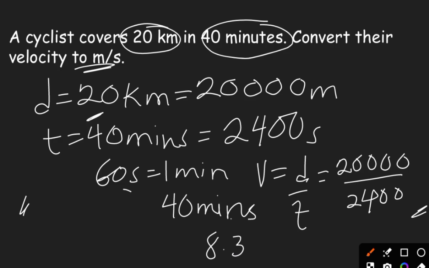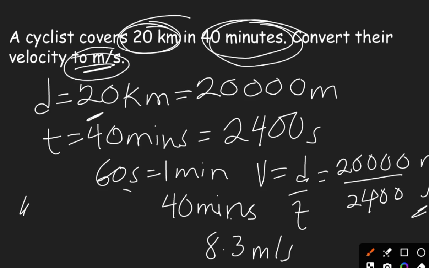What's the unit? Meter per second, because you converted it to meters and that to seconds. Now, if you work with this, you're going to have kilometers per minute, and it sounds very uncommon. I've not heard anything like that. But we answer the question as directed, meter per second. It's actually 8.33.